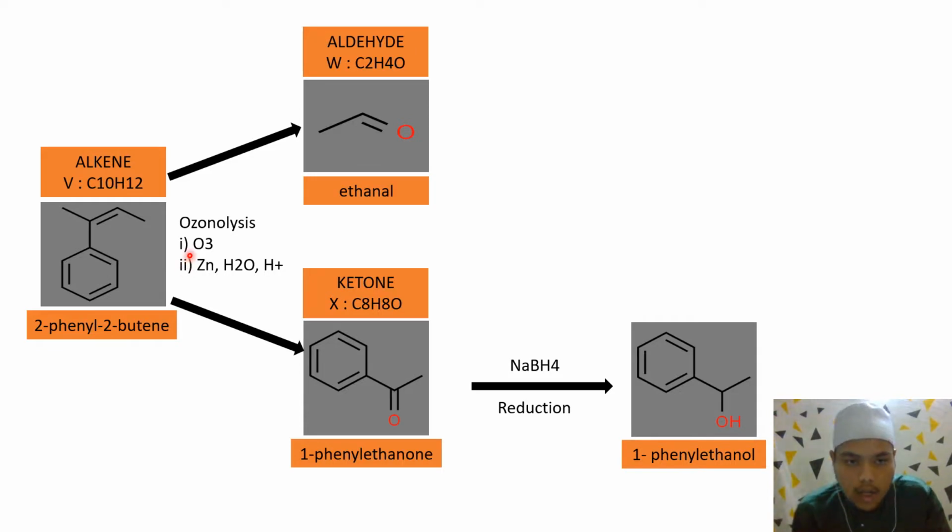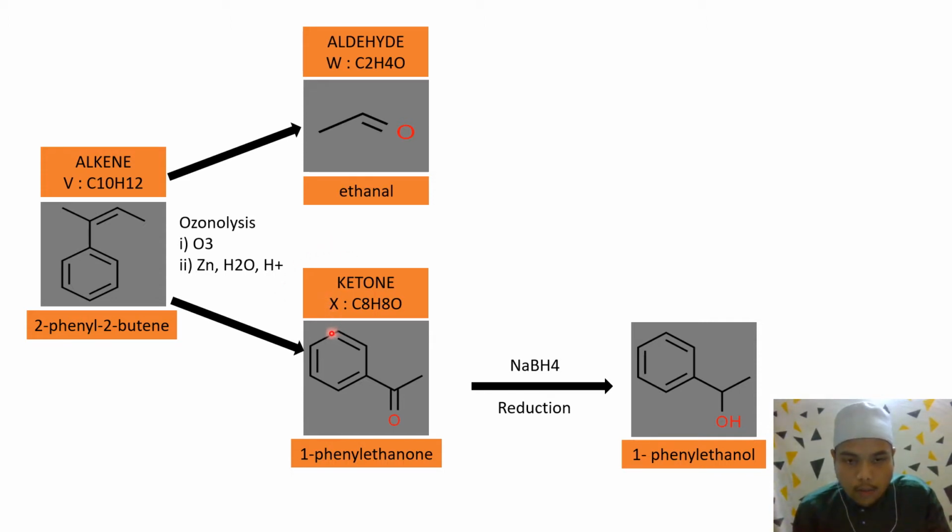As we know, the ozonolysis of V, which is an alkene, will produce compound W and compound X, where compound W is an aldehyde and compound X is a ketone. The reagents for this ozonolysis are O3, then zinc, H2O and H+.